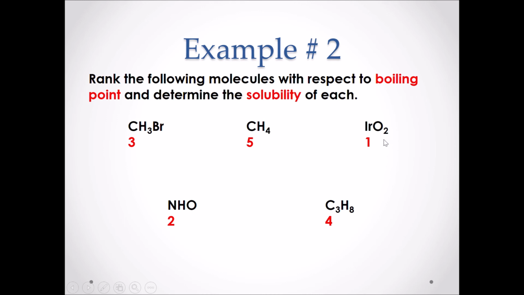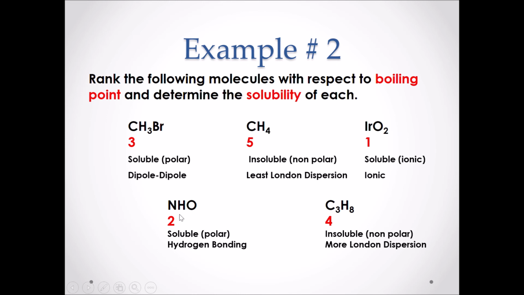This is because it's an ionic substance and they have the highest melting and boiling points. Next up is NHO, and that is because this molecular substance has hydrogen bonding, the strongest type of intermolecular force. Then we have to move forward with any other polar substances.